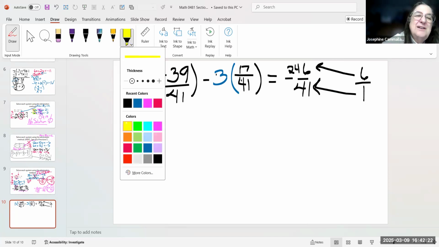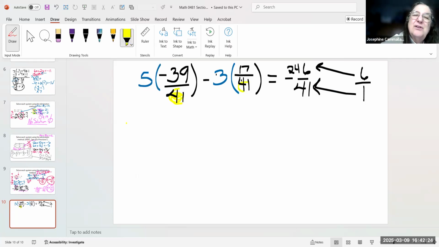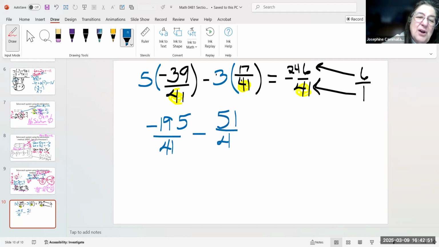Now, why do I want to have 41s? Well, 41 is here. 41 is here. Why not have common denominators all the way across? Well, let's check this out. I'm going to have 5 times negative 39 is 195 over 41 minus 51 over 41.